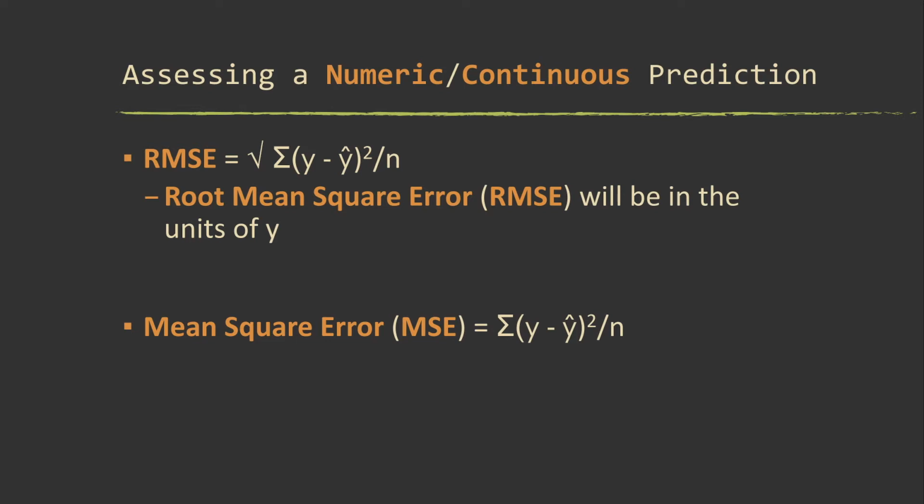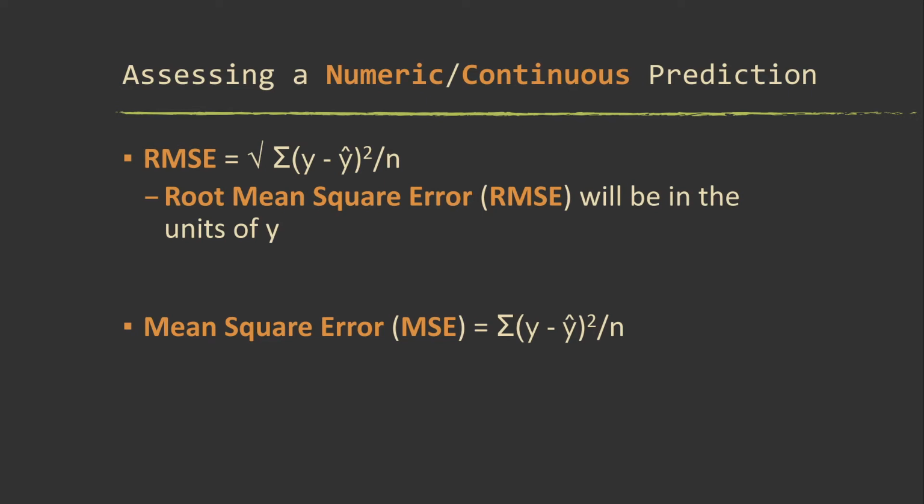So this is kind of like an average error across all the data points, and that's known as root mean square error. Let's imagine you were predicting a percentage, right? You would take the correct percentage minus the predicted percentage, so the unit of measurement there is percent. Then you square it, so now the unit is percent squared. Then you divide by n, which has no unit, so it's still percent squared.